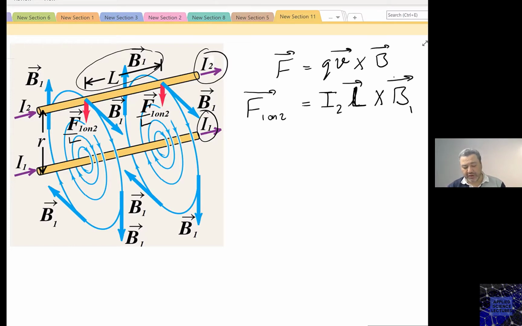So if I want to calculate now this force due to wire 1 on wire 2, then it will be I2. This is the wire that the force is exerted on, L cross the magnetic field due to wire number 1 that is exerting the force on my second current here, I2.